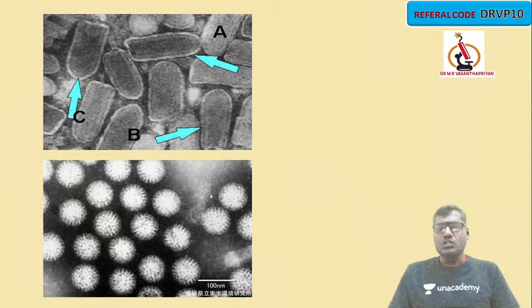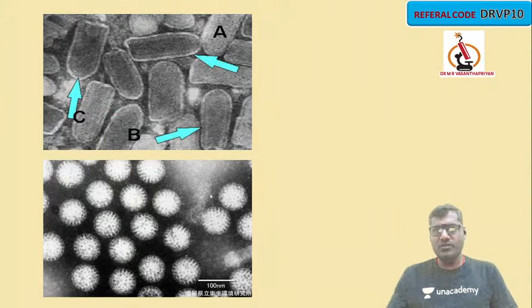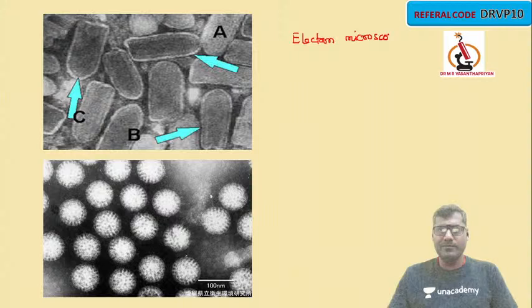The first microscopic method we use for viral diagnosis is called electron microscopy. We use electron microscopy for demonstrating the viruses, for which we collect the sample.